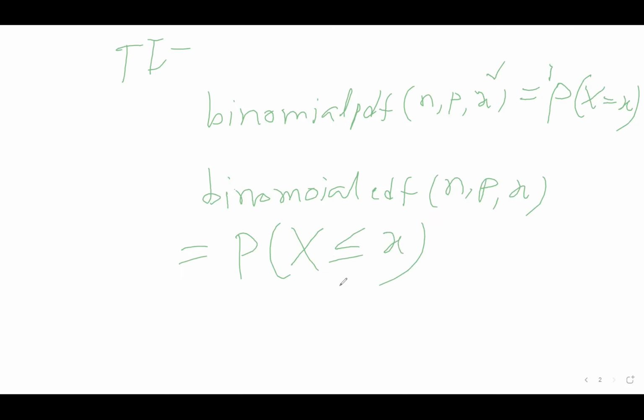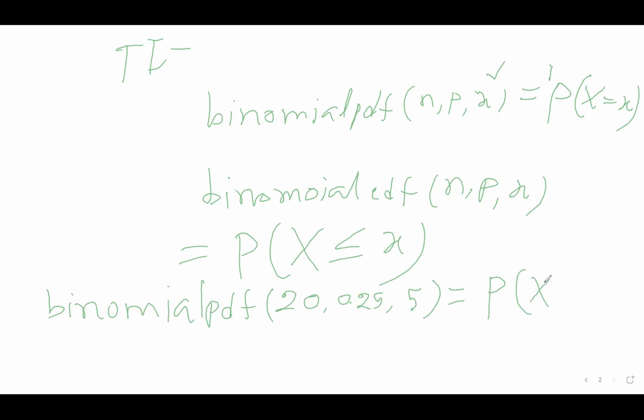For example, consider binomial PDF, and suppose N is 20, P is 0.25 and X is 5. This means the probability X is exactly 5.